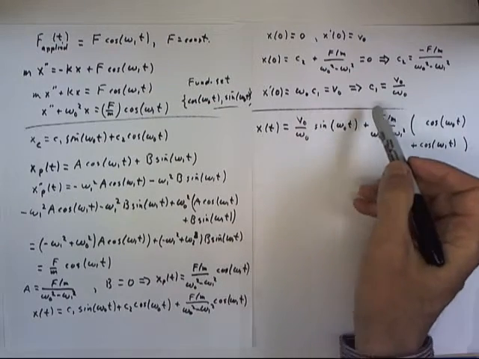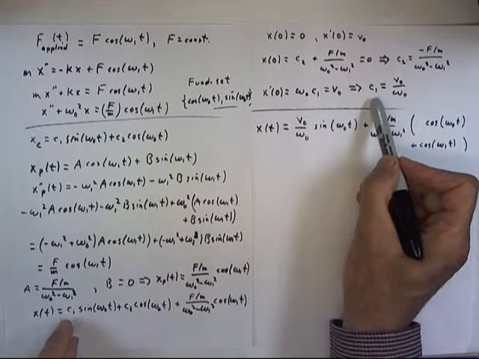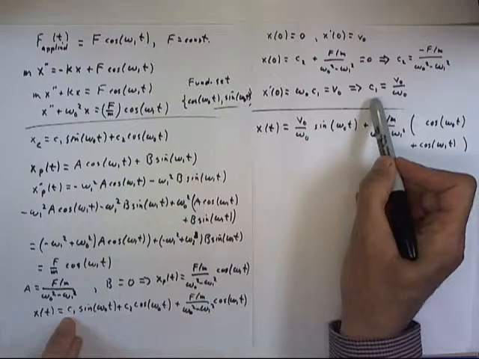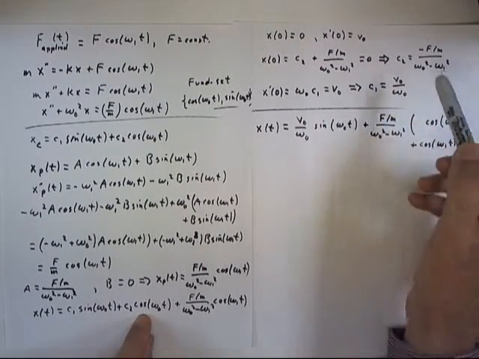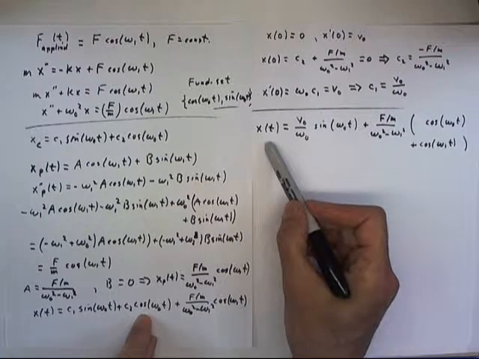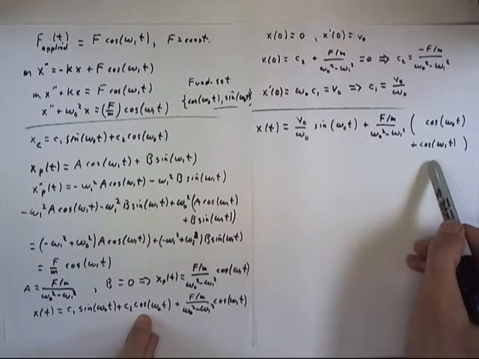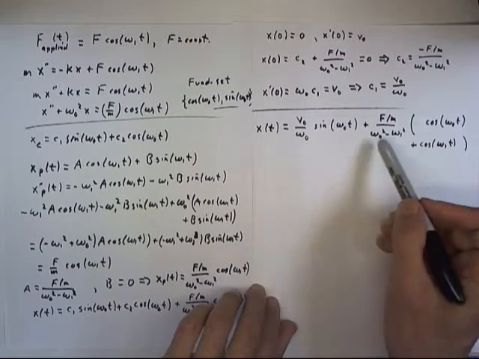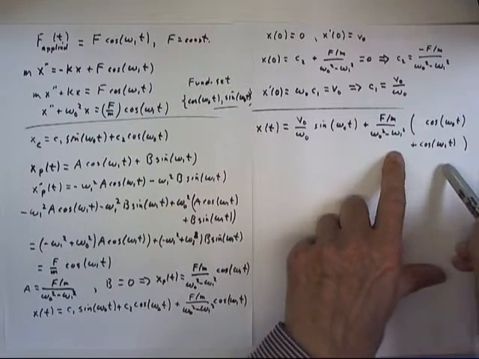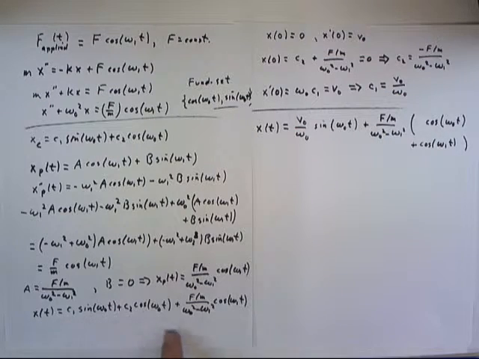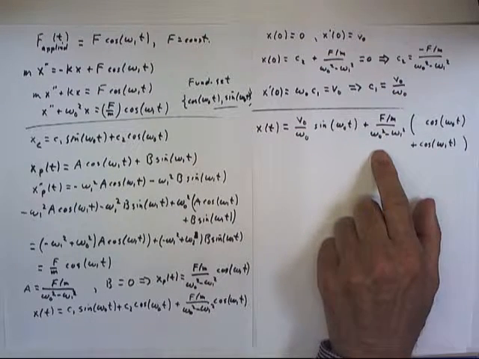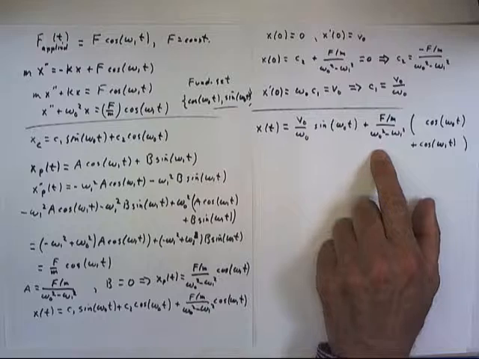And it's then straightforward to substitute C1 here in our original solution and C2 here in our original solution, and simplify the solution, which will come out in the following form: x of t equals this. I'm not going to read these to you. You can substitute these parameters into the equation and see that everything simplifies into this form.